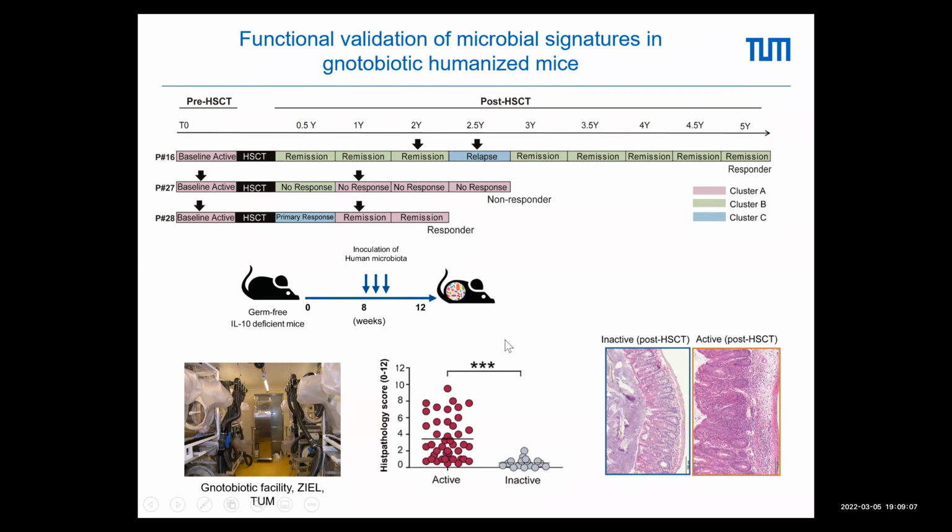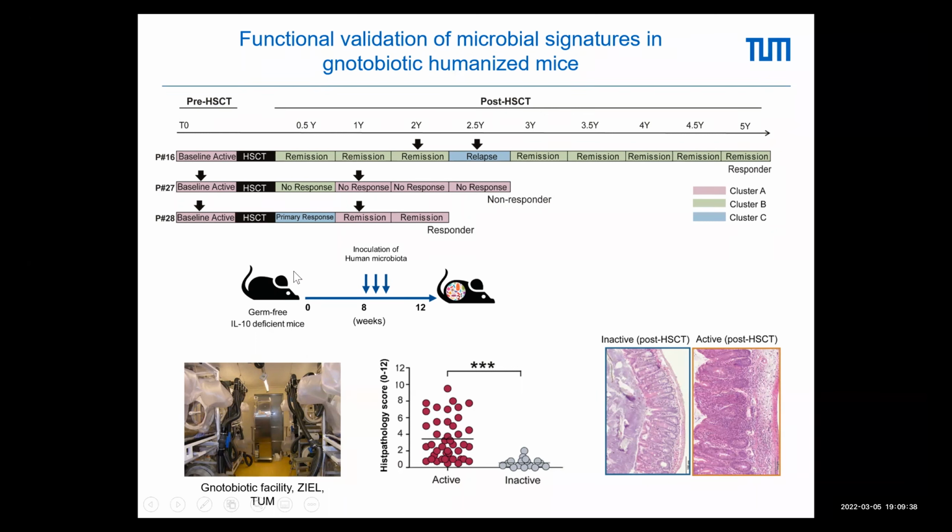And what we did was that we took the gut microbiome samples, or fecal samples, from these patients and inoculated them in germ-free mice. We do that by oral inoculation. We prepare the fecal material in a certain way and inoculate it in the mice using a special syringe via the oral route.